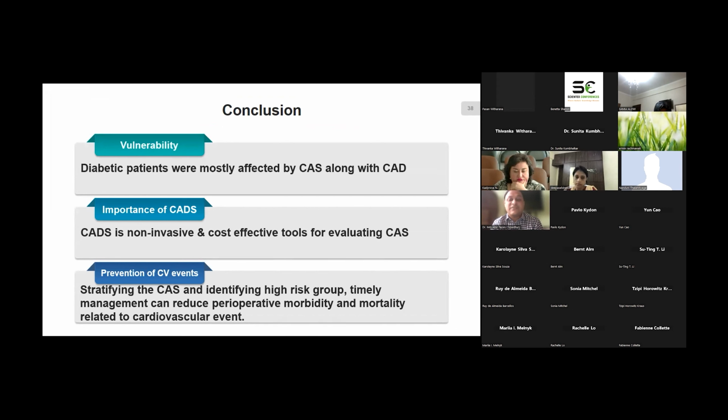To identify carotid artery stenosis, the carotid artery duplex scan was found to be non-invasive and cost-effective. Approximately less than $200 is needed for this scan. It was easy to identify carotid artery stenosis preoperatively, so we could take extra precautions for patients with carotid artery stenosis. Thus, perioperative morbidity and mortality related to cardiovascular events can be reduced.